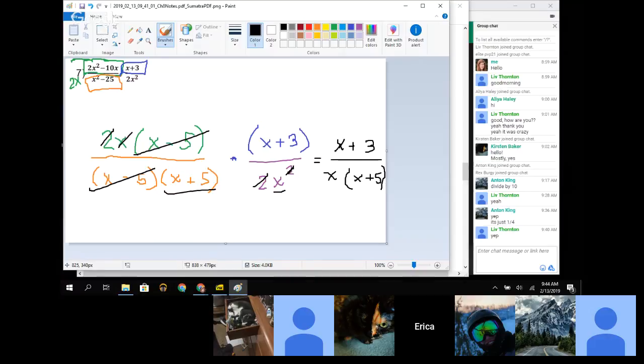So these two expressions are equivalent to each other. And if you pop them into Desmos, you'll get the same graph out.